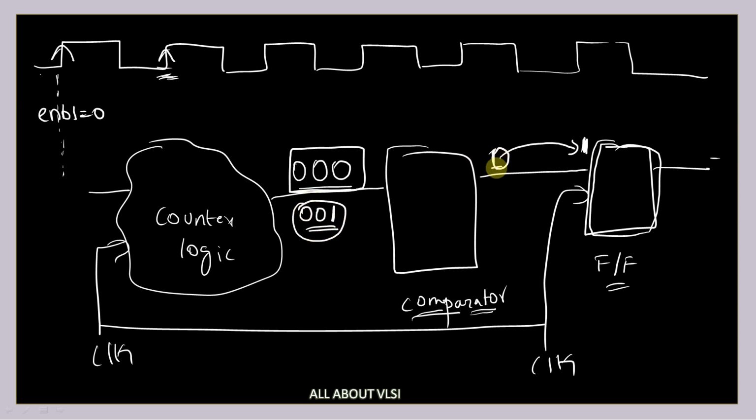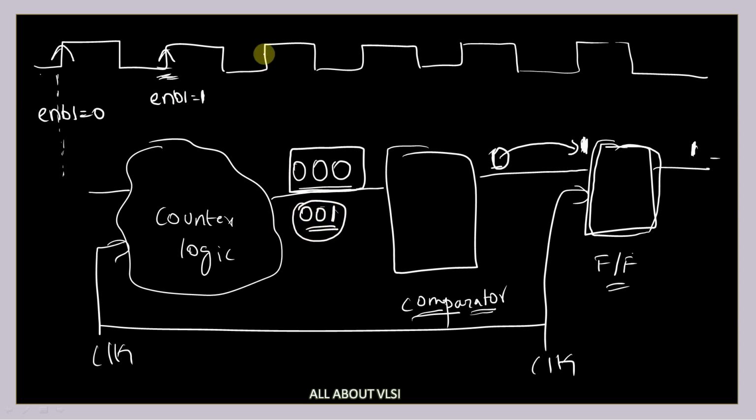So it is updated to 0 at the second edge of the clock. Your comparator output is updated, but the flip-flop output will be equal to 1 since it is having 1 which is already present. So it is going to sample the previous value of 1. That's why at the second edge of the clock, enable 1 will become 1 whenever your counter is equal to 0 0 1.